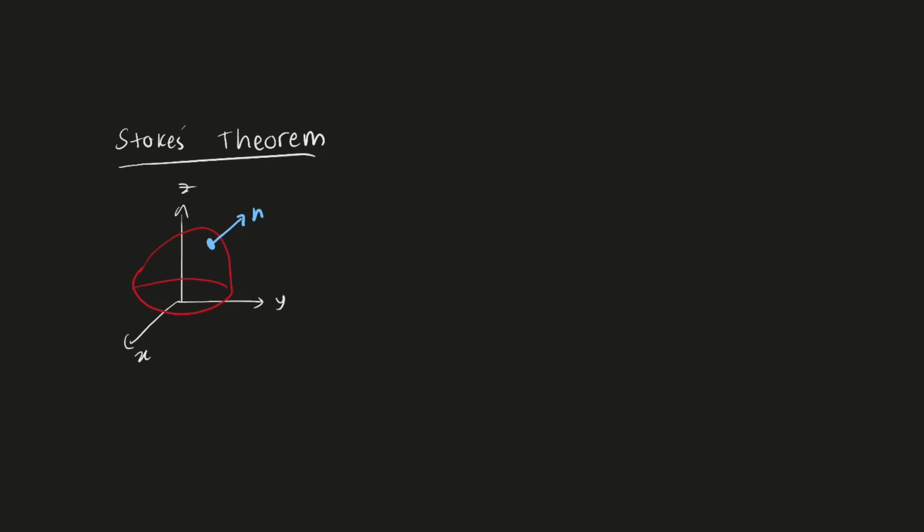So we can write the equation as the line integral over C of F dot dr equal to the double integral over S of curl F dot n, which is the normal to the surface, dS.